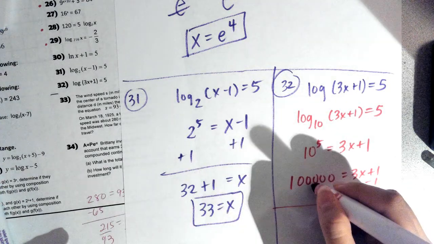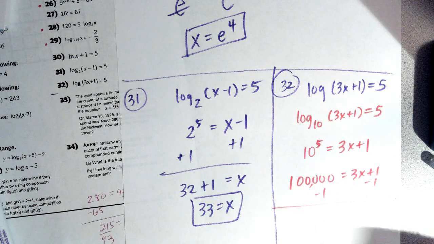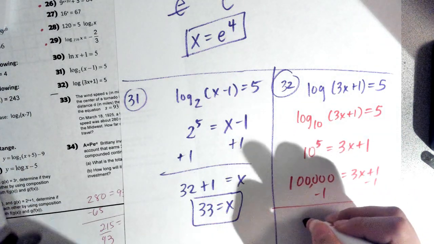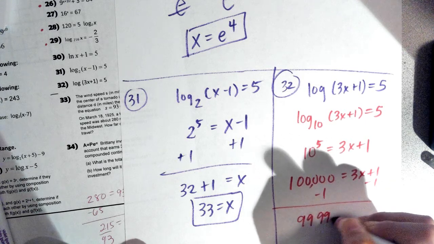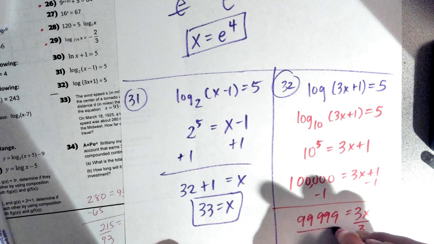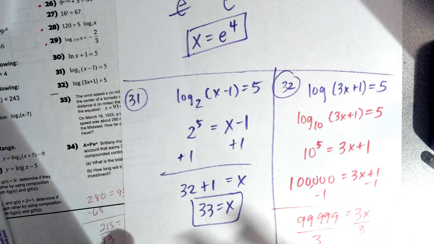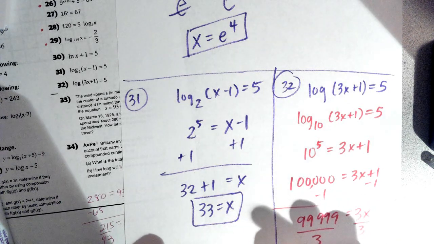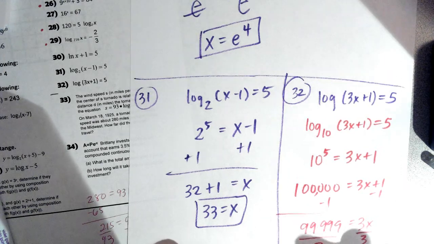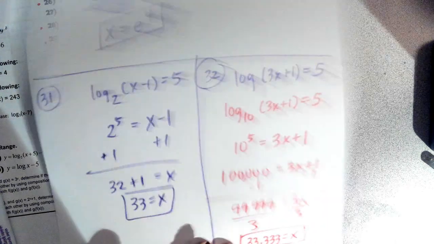So what is that? That is 100,000 minus 1 gives you 99,999. And then I'm going to divide by 3. You get 33,333. Lots of 3's. Be careful on that one. Look at it so you can see it.